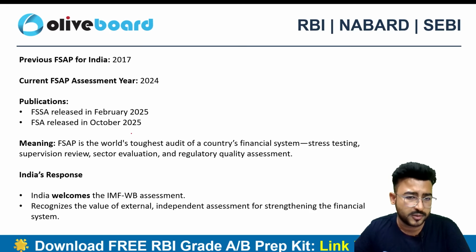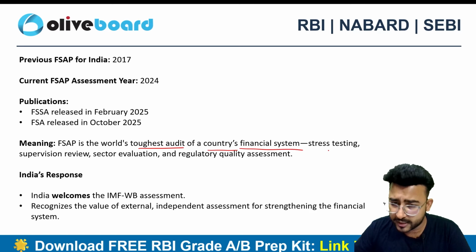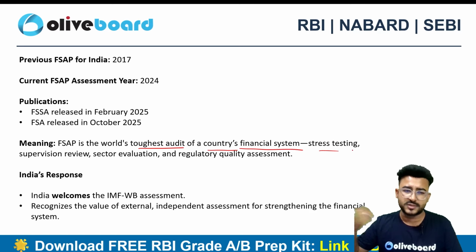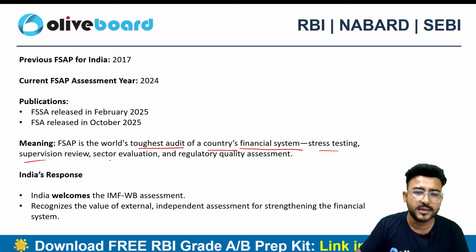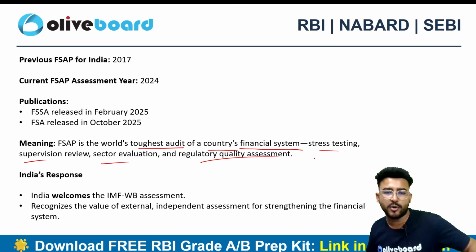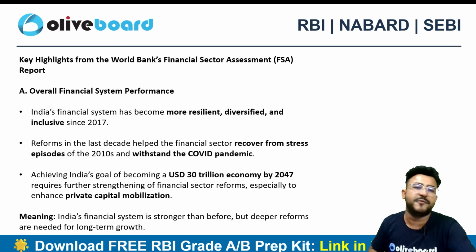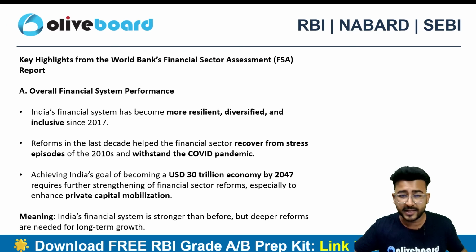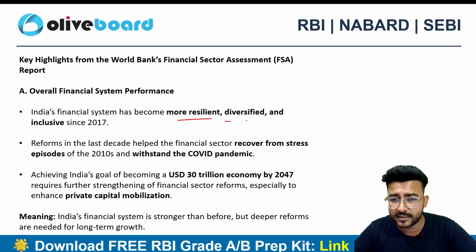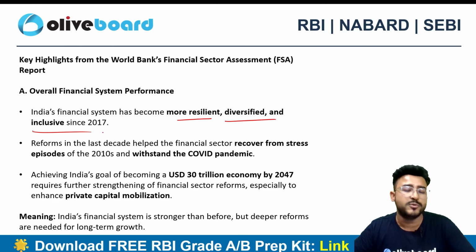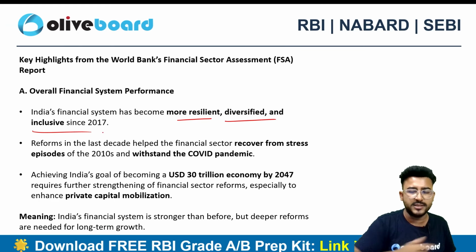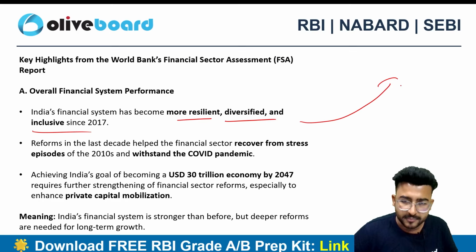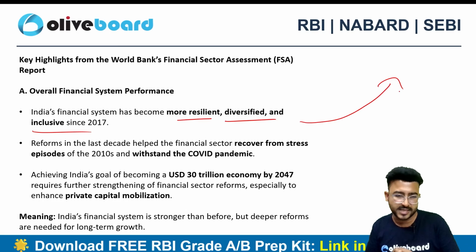This is also one of the toughest audits of India's, of all the countries' financial system in terms of stress testing, in terms of supervision, sector evaluation and regulatory quality assessment. If we talk about the overall financial system performance of India, they find that it's more resilient, more diverse and inclusive as compared to 2017. So we are definitely making progress on the financial system side, right?